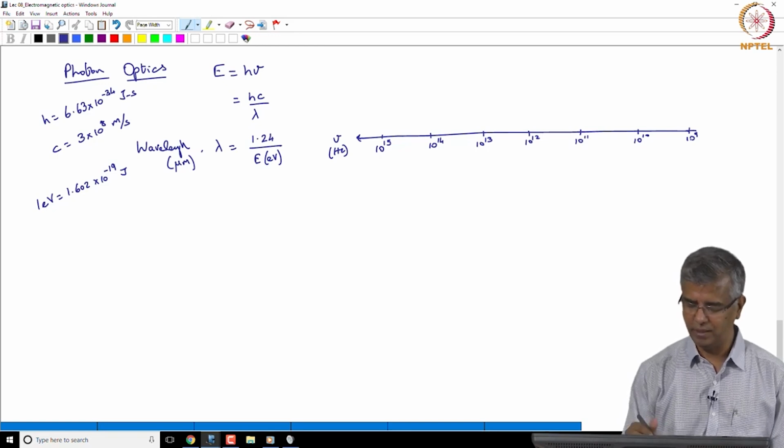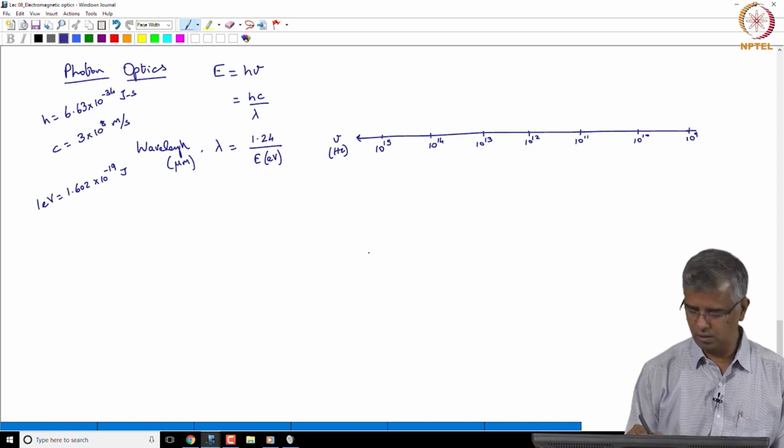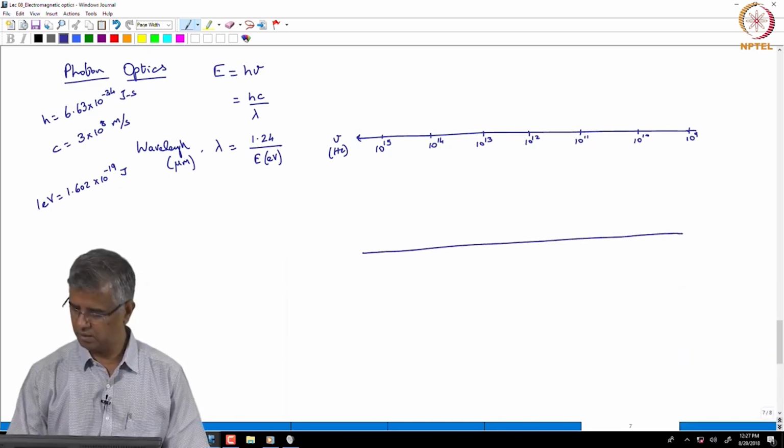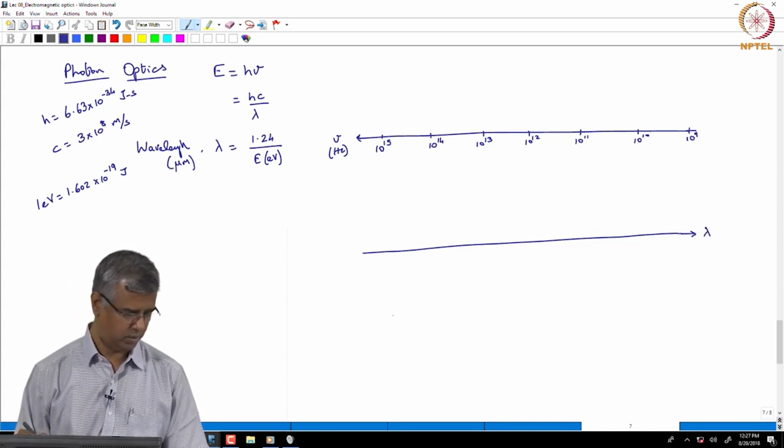but we are expanding the scale all the way to 10 power 15. And let us actually also represent the wavelength lambda, right.